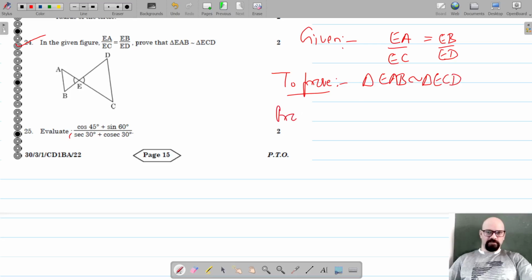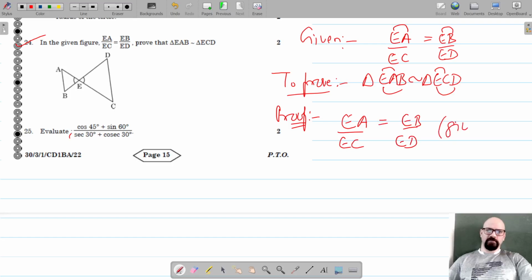Now, let's try to prove that. So what is given to us is EA is in the first triangle and EC is in the second triangle. EB is in the first triangle and ED is in the second triangle. So obviously these are the corresponding sides of the two triangles which are in proportion. So we can write it as it is, and the reason being it's given.